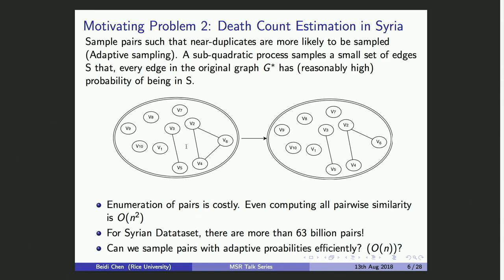If there's a way we can know all the pairwise similarities of all the records, and we sample based on that similarity to form our subsampled graph and do upsampling, that would be great because there's much more information in the graph.